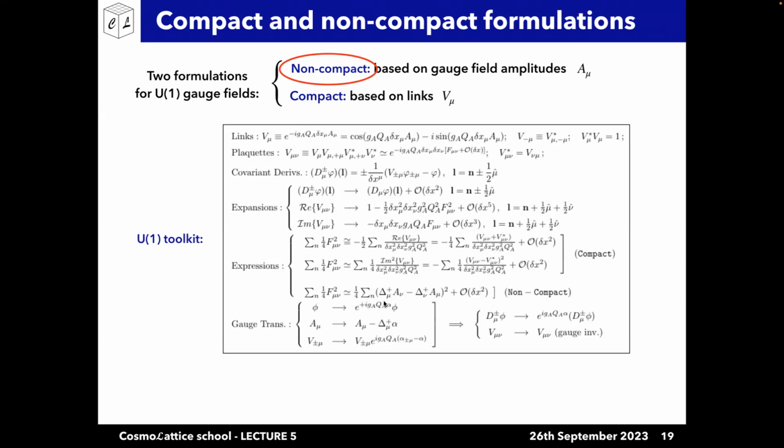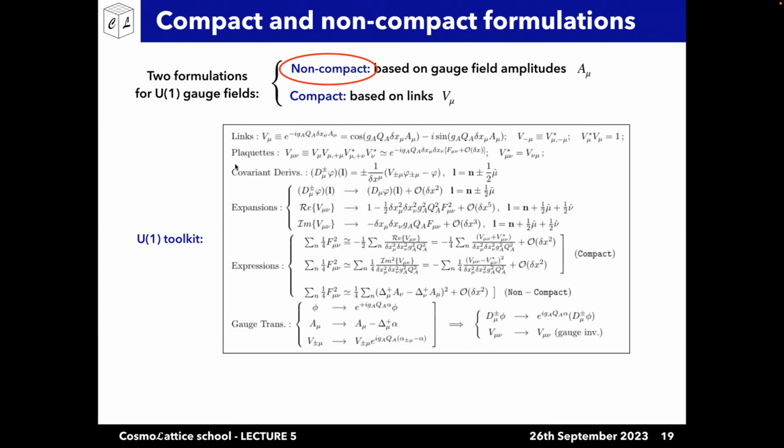Sure. Okay. So basically, with everything that we have seen, we can build this U1 toolkit, right? Which basically gives you tools to discretize any gauge field. For example, this is in the theory review, and I think it's also in the user manual. So what do we have here? The definition of the links and the plaquettes, and the covariant derivatives.